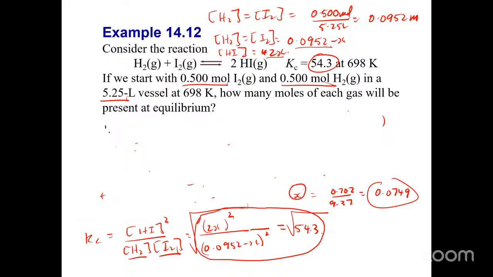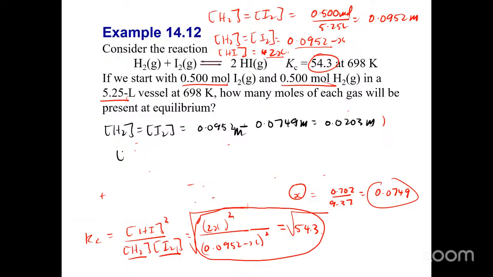The concentration of H2 is equal to the concentration of I2, which is equal to 0.0952 minus 0.0749. According to my calculation, this works out to be 0.0203 M.